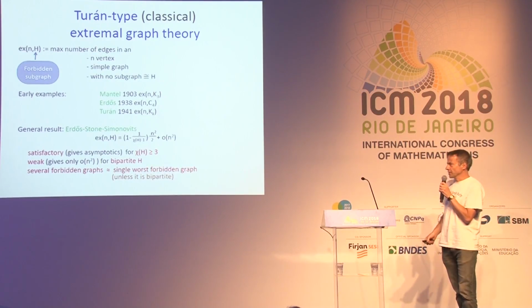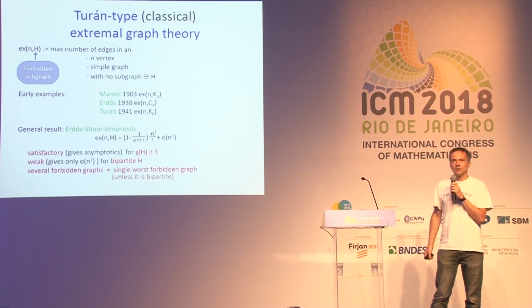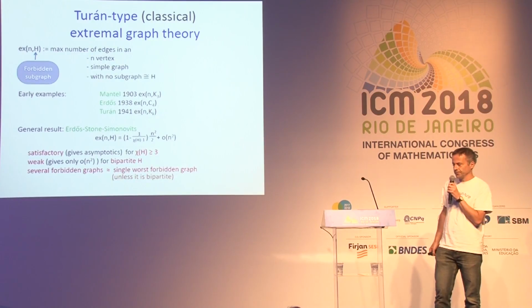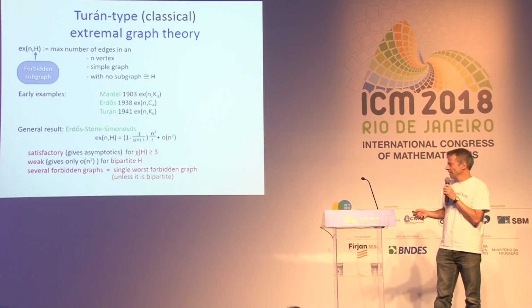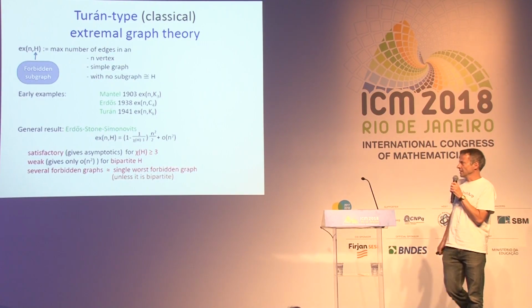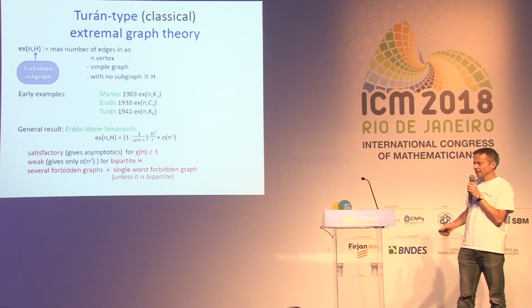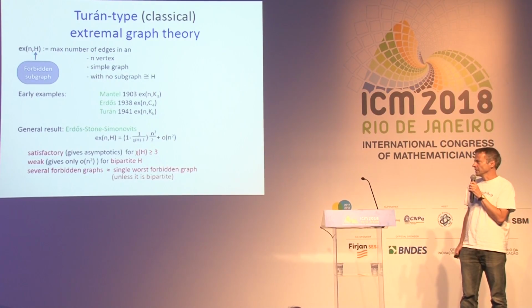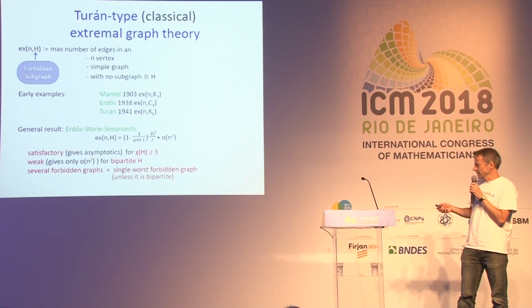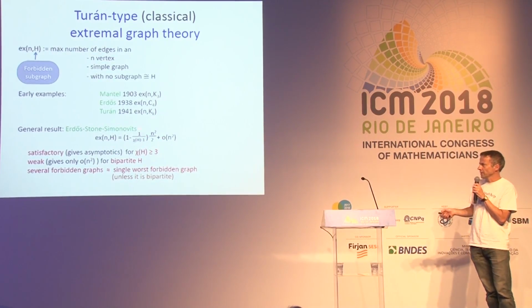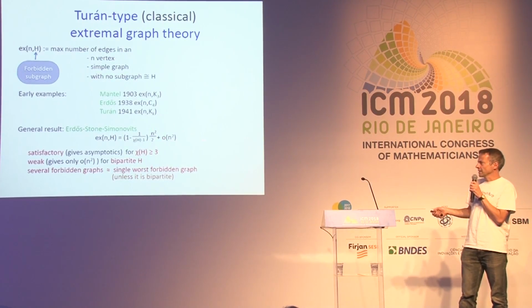So it's important that it identifies the chromatic number as the most important property of the forbidden graph. And it also gives an asymptotic formula for the extremal function, except in the case when this chromatic number is 2, where what you have here is 0 times n squared over 2 plus little o of n squared.